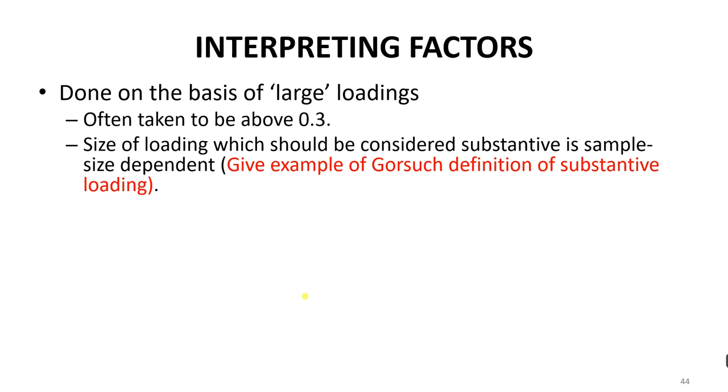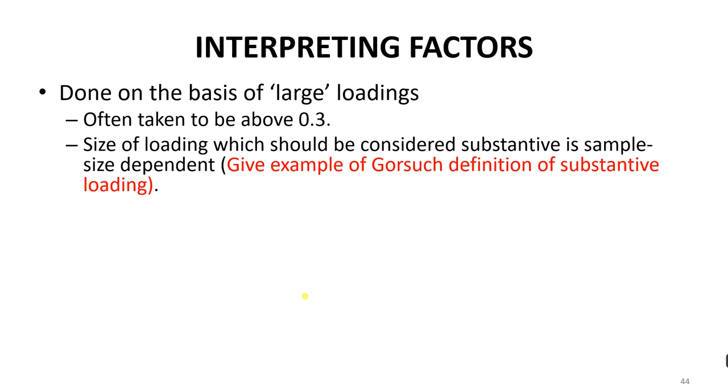Some researchers like Gorsuch have provided a rule of thumb that any factor loading of 0.5 or higher may be considered as significant loading, and the variable may be considered loading on the given factor on which it is having a factor loading of 0.5 or higher.